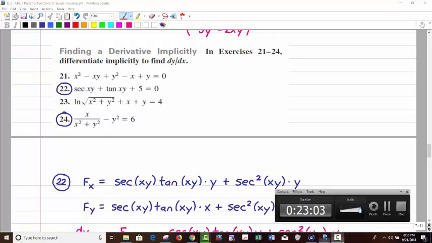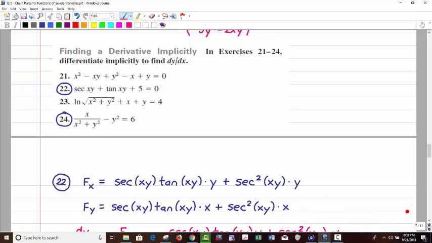Let's see. So then the partial with respect to x will be sec u tan u, so it'll be sec xy tan xy times the derivative of xy with respect to x. So that x goes away as 1, so it's going to give you y.